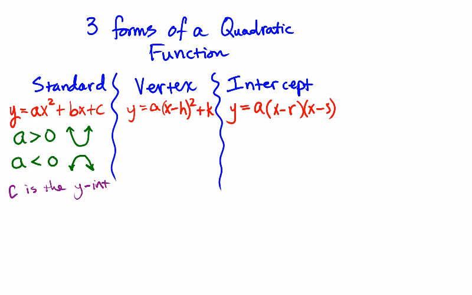The best one to tell what's taking place in regards to shifting is vertex form. Vertex form is real nice that way. In vertex form, the h and the k deal with shifting. The h deals with horizontal shifts, so depending on what h is, it'll move the graph left and right. Depending on what k is, it'll move the graph up and down. The one thing you want to remember is that h is the opposite of what you see.